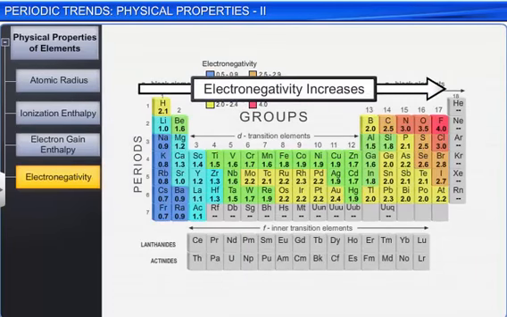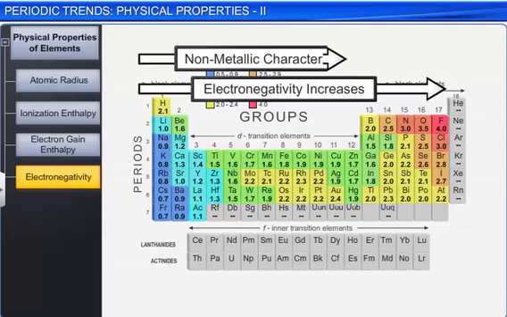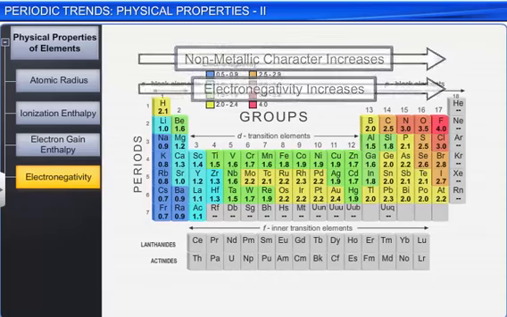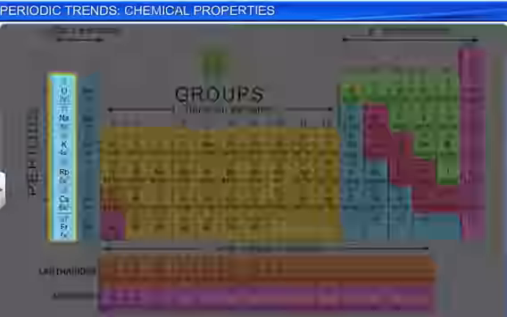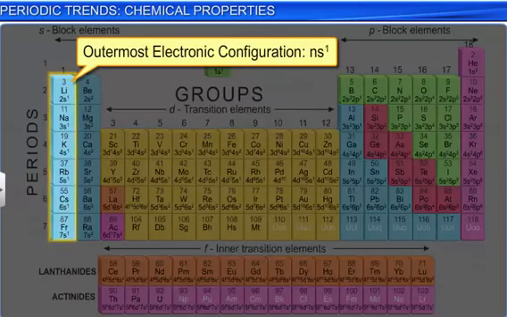As the elements down a group exhibit increasing metallic nature, the electronegativity also decreases. The reoccurrence of similar outermost electronic configuration after certain regular intervals causes periodicity in the physical properties of elements.